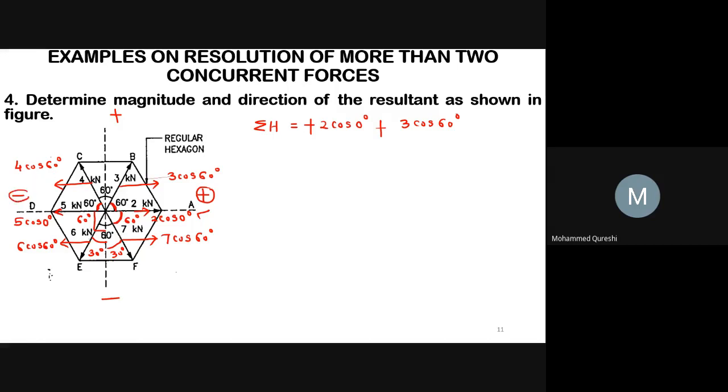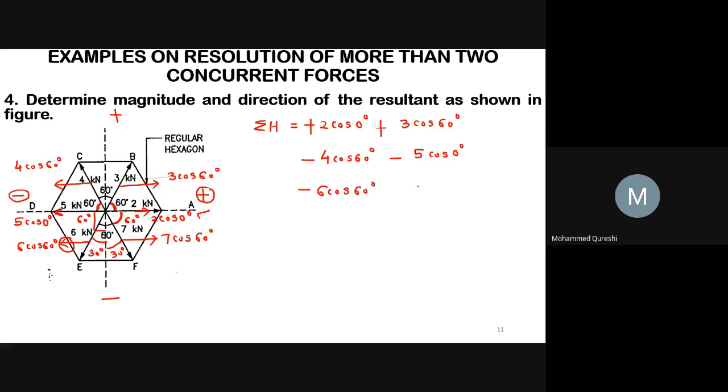Now we will go for another, that is 4 cos 60. But it will be minus sign as it lies in second quadrant and its direction is towards it. So here will be minus 4 cos 60 degree, and here same, it is also towards second quadrant. So here minus 5 cos 0 degree. Same here, similar, 6 cos 60 degree, direction also same, and in third quadrant, hence sigma h will be negative.